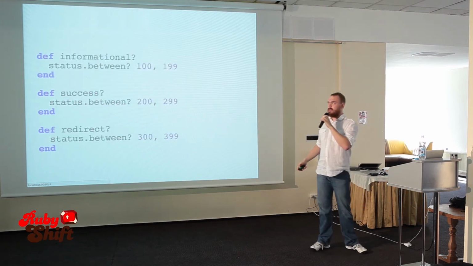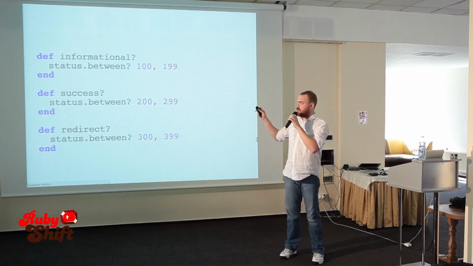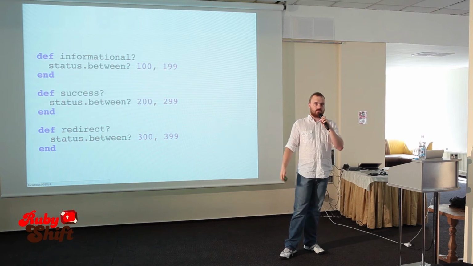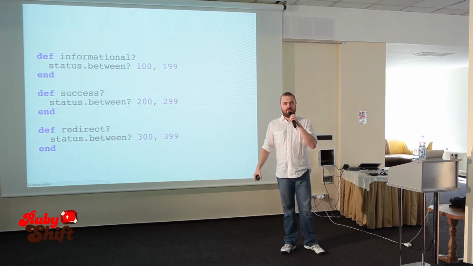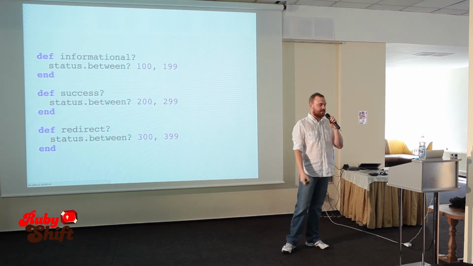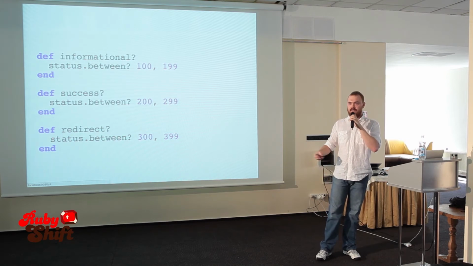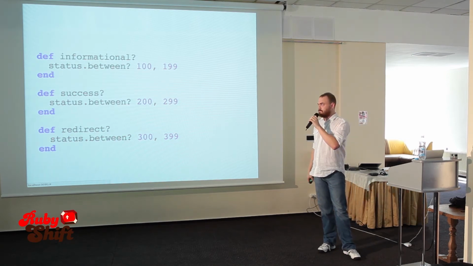What's more, there are methods for the status of a request. So if the code of a status is between 200 and 299, that means the request was a success.